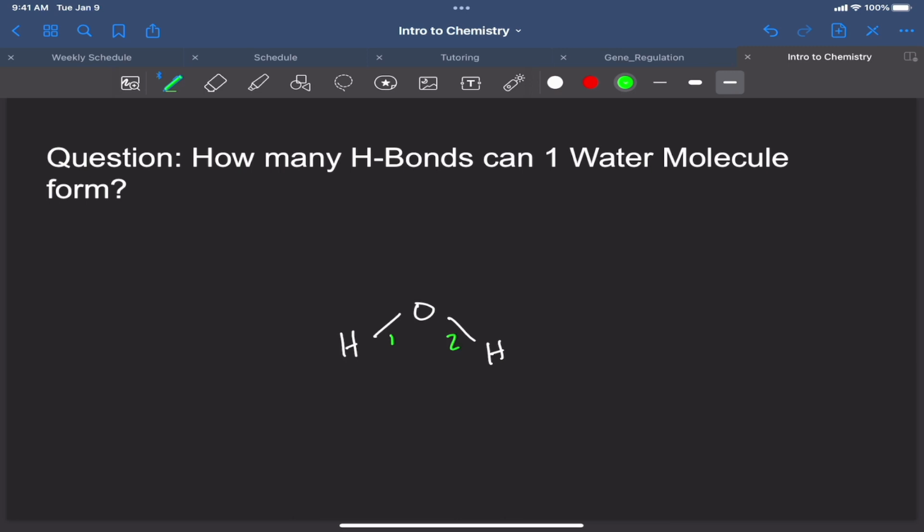Here we can have a second bond be a donor, but it also has two lone pairs, which can each accept a hydrogen bond. So it can donate two hydrogen bonds, it can accept two hydrogen bonds. So that means 4 H bonds in total. Okay.